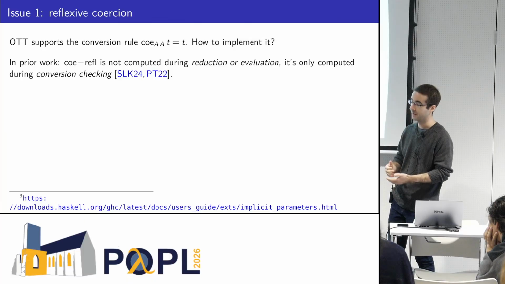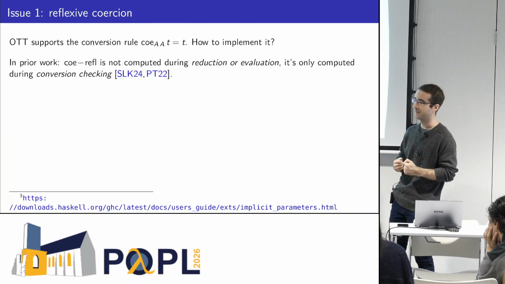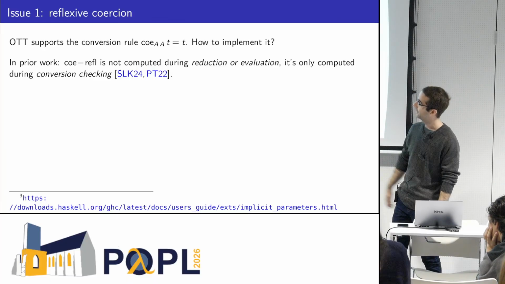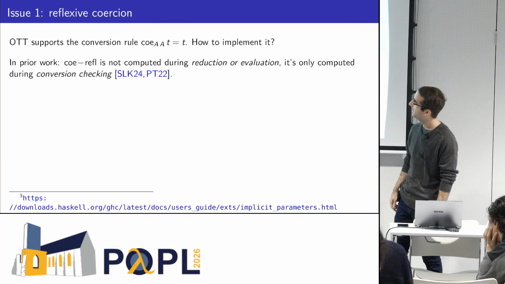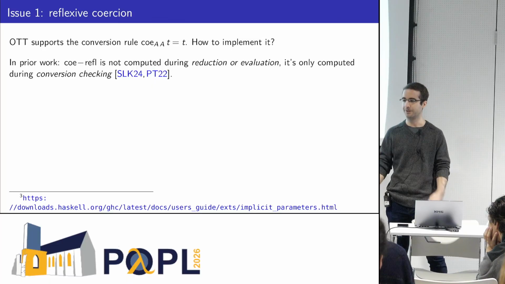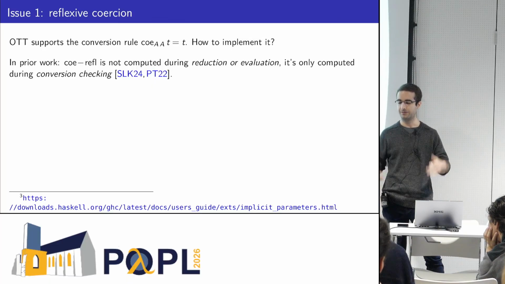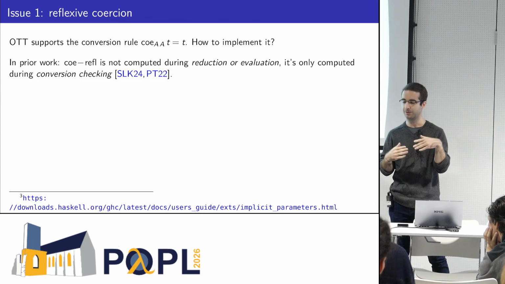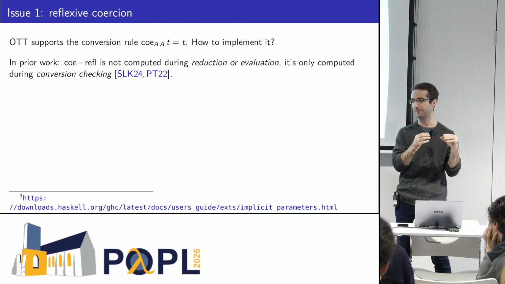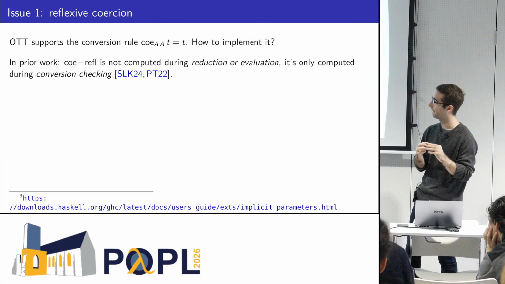Or at least you have the definitional equality rule, but how to support this definitional equality rule. And in all the prior works, this is not computed during a reduction or evaluation, it is only computed during conversion checking. So when you reduce something, you don't reduce this, but when you compare two things, then you can notice that you have a reflexive coercion on one side.